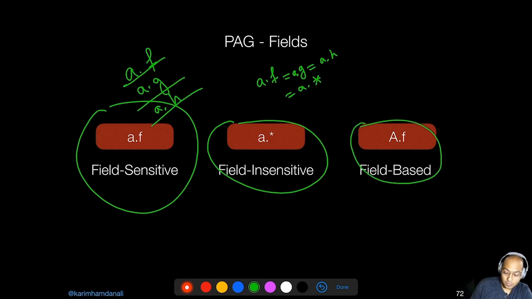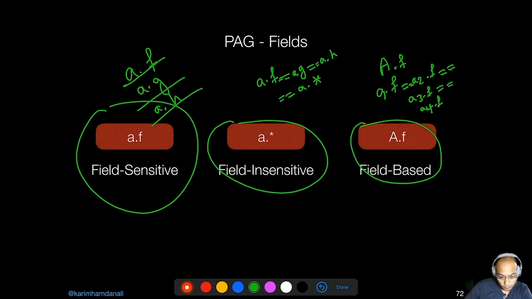Field-based, on the other hand, does care about the field being accessed, but does not care about how you're accessing it. So to me A1.F is the same as A2.F, is the same as A3.F, is the same as A4.F. That is what field-based is.